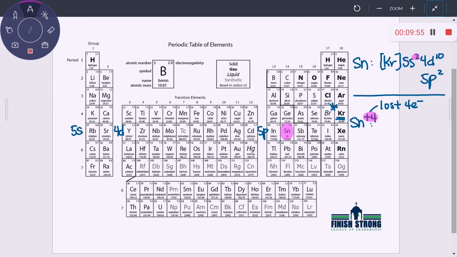So that means you're actually removing the electrons that are in the 5s and the 5p because this is the valence shell. Okay, so the highest N is your valence shell. So when I remove those, technically this would become Kr in a bracket followed by 4d10.